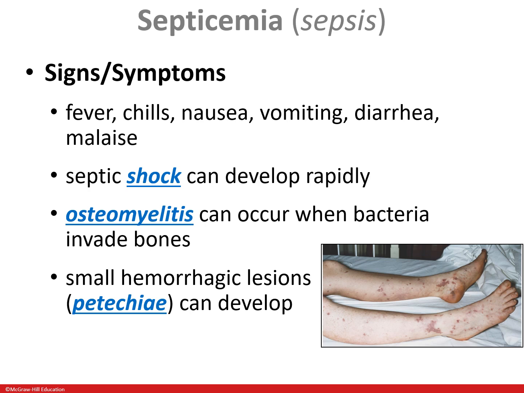And typically petechiae, so petechial hemorrhaging, when you have these organisms affecting blood vessels at the very smallest level, at the capillary level in the skin, you can usually see those petechiae developing.